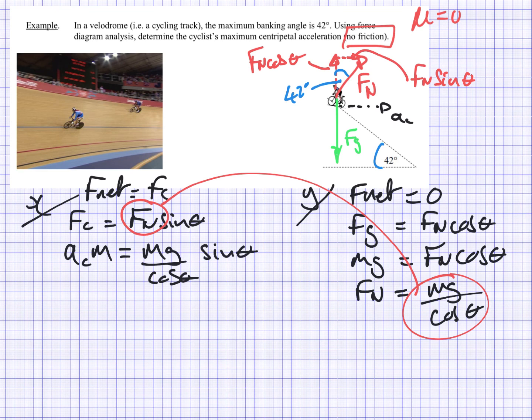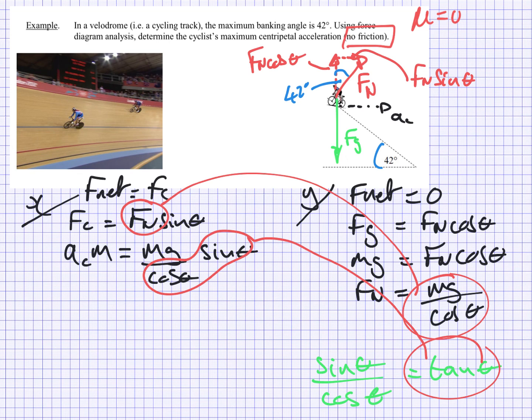We also know that sine theta over cosine theta is tan theta. So we once again substitute this in, and we have a statement that the centripetal acceleration times the mass is equal to the mass times gravity times tan theta.